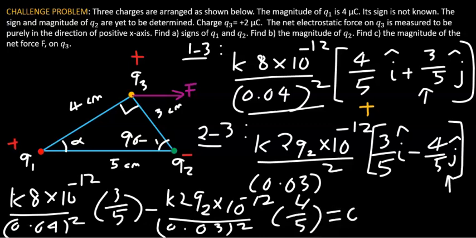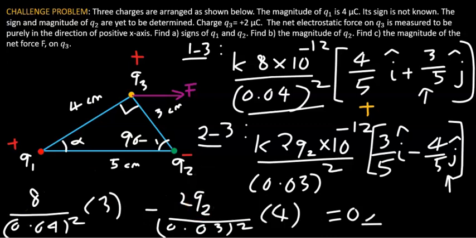They should sum up to 0. So both terms have K in them, so K would go away. This 10 to the power minus 12 would go away. This 5 would go away. And you can solve for Q2.